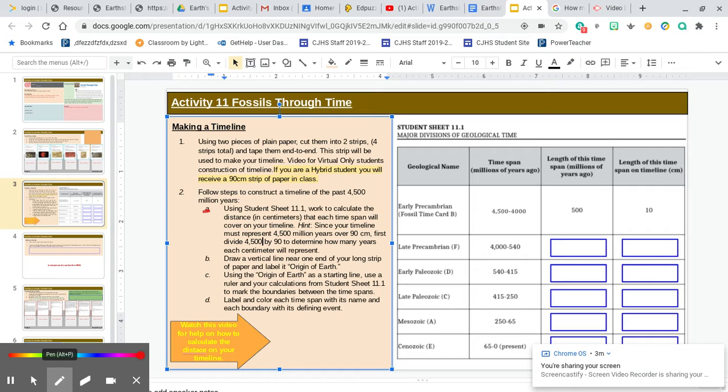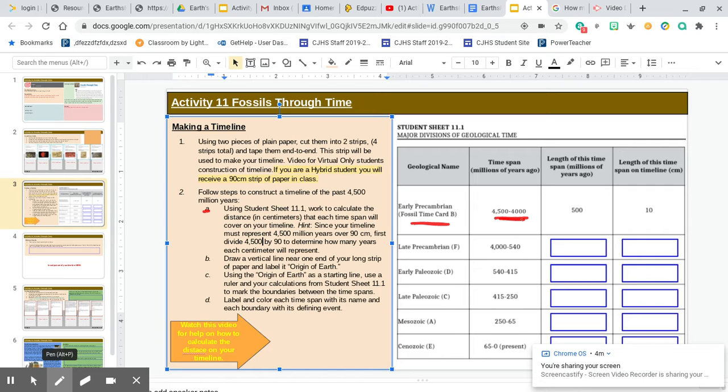Let's look at what their example is. This early Precambrian time period, the time span was between 4,500 million years ago to 4,000 million years ago. So this is how long that time period lasted.